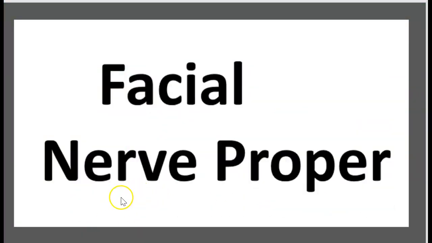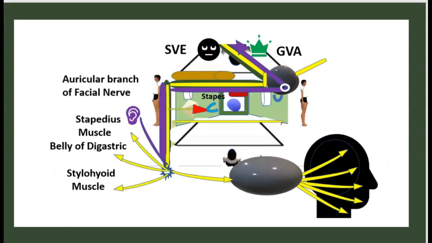Let's start with the facial nerve proper. The branchiomotor fiber of the facial nerve proper coming to the geniculate ganglion. They pass through the facial canal horizontally, then vertically, in company with fiber of touch, pain, and temperature.